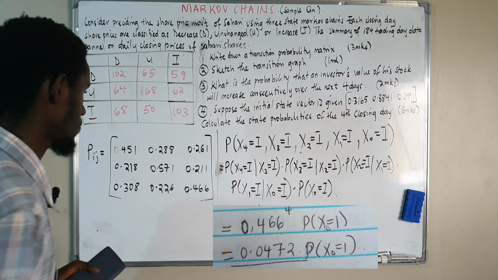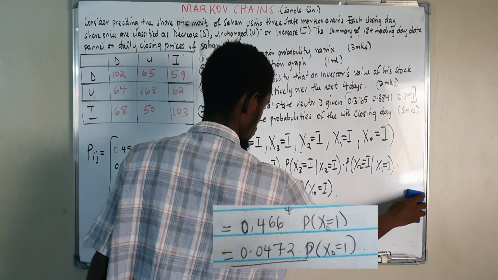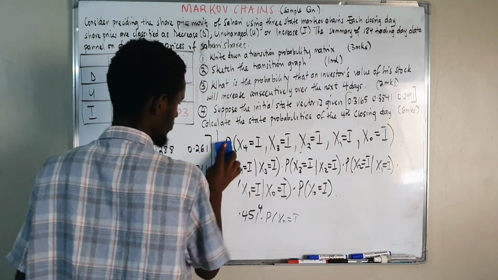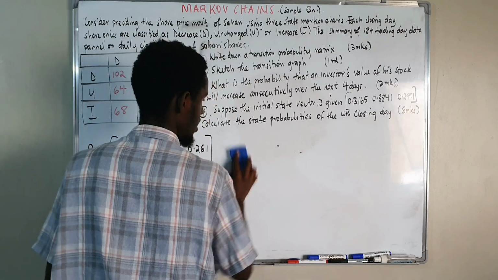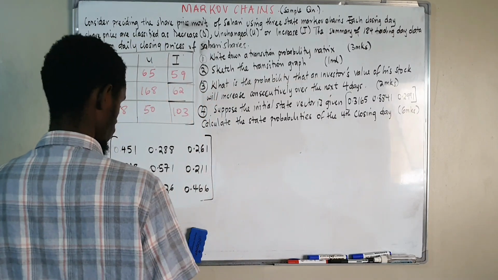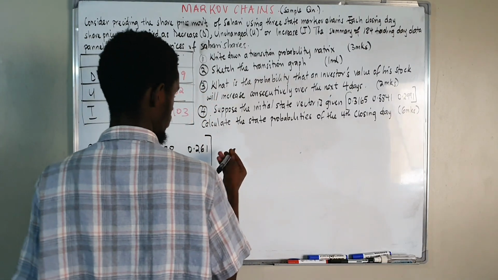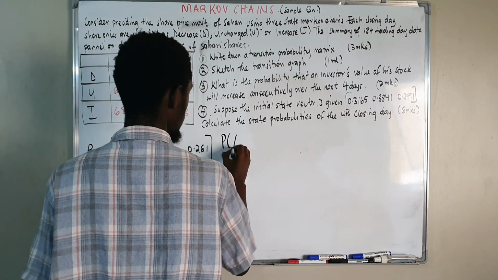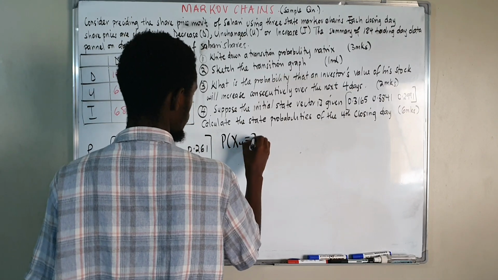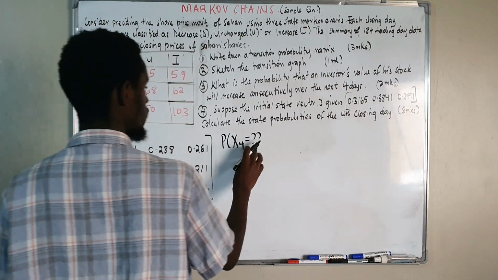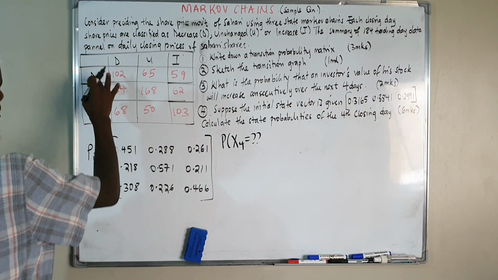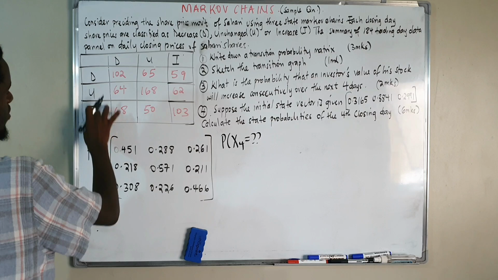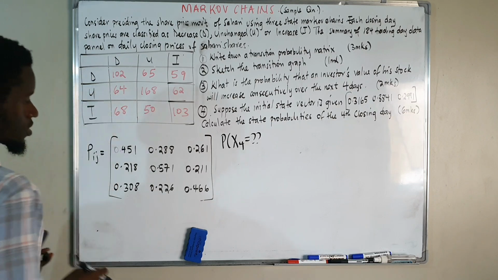I think also I can put this off here at first, to get space. Now, as we say, they want us to find the probability of x equal to 4. Let us say probability of x4 equal to dash. Okay, x4 may be either decrease, unchanged, or increase.